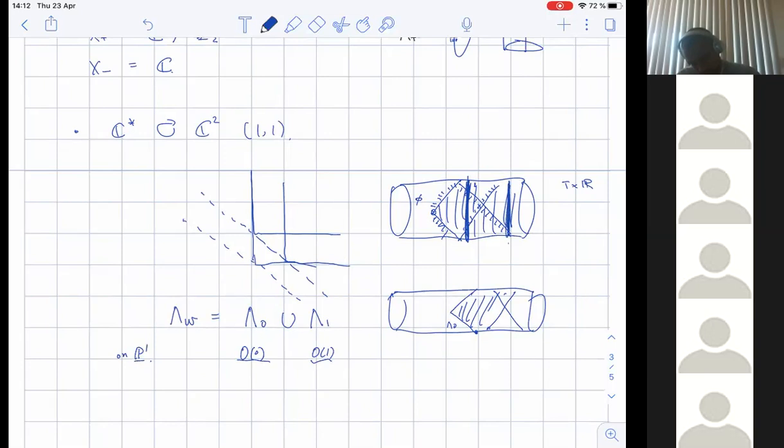So you move your slice, and that will correspond to tensoring by that ample line bundle on the toric manifold. Okay, close it. I don't know if that answers your question here. Yes, thank you.